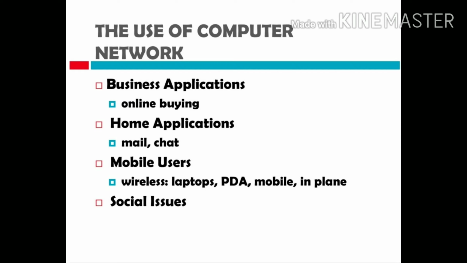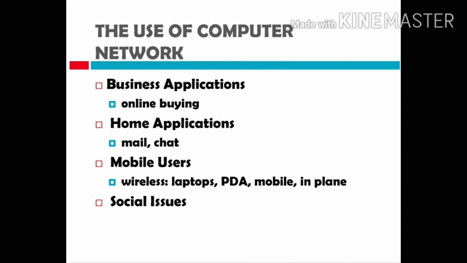These networks are used in different kinds of fields. If we are talking about business applications, an e-commerce website by which we can buy or sell is an example of online buying, and that is under business applications.